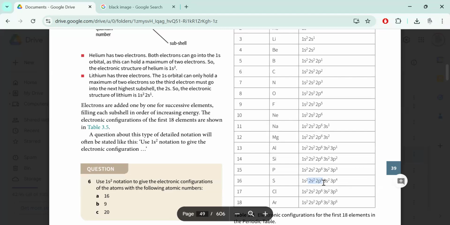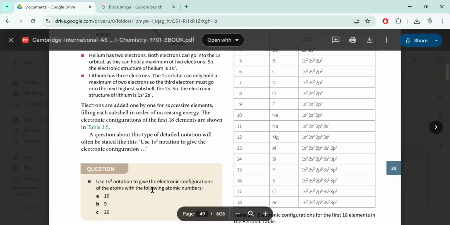So 8 plus 2 is only 10, and we still have 6 more electrons to go. These 6 electrons will go to the next subshell, level 3. So we have 3s2 and 3p4. That's the basics for sulfur, atomic number 16.